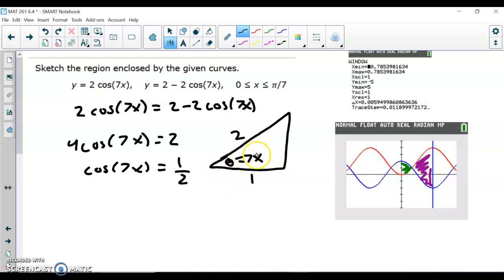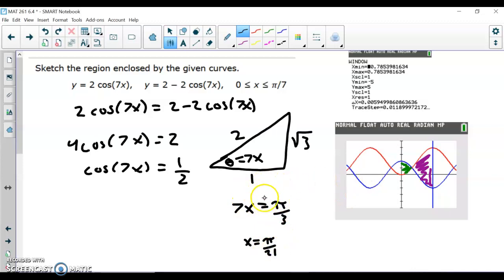Using Pythagoras, or maybe you already recognize this as a special triangle, theta is pi over 3. So 7x needs to be pi over 3, which means x itself is pi over 21.